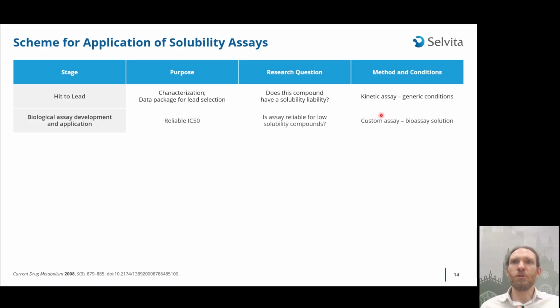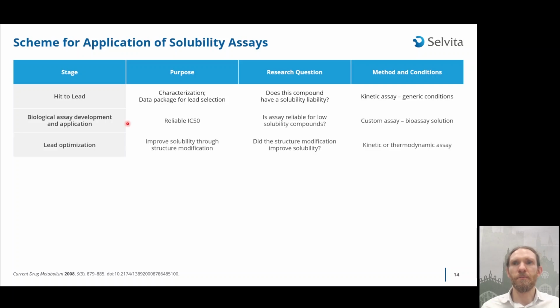If we want to optimize and develop a biological assay, the purpose is to have reliable IC50. We want to answer the question, is the assay reliable for low solubility compounds? The appropriate assay is a custom assay that will use the bioassay solution used in the biological assay that is under development.